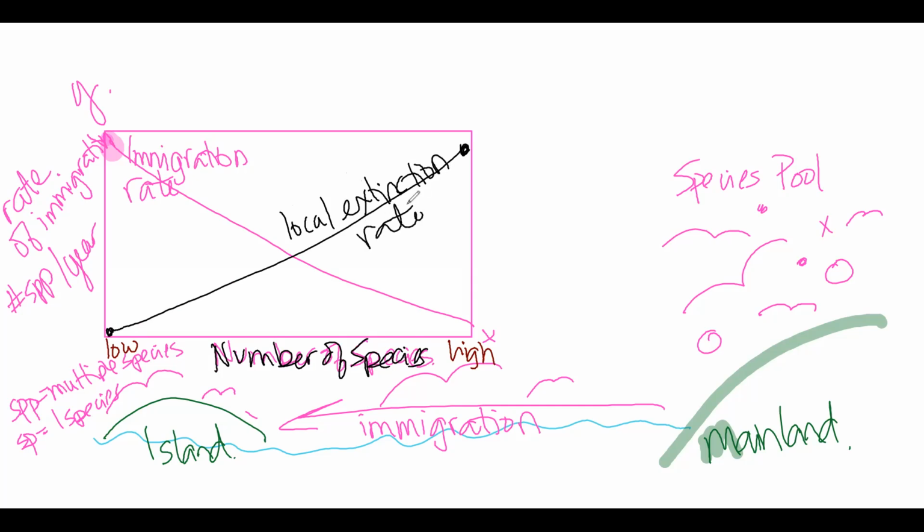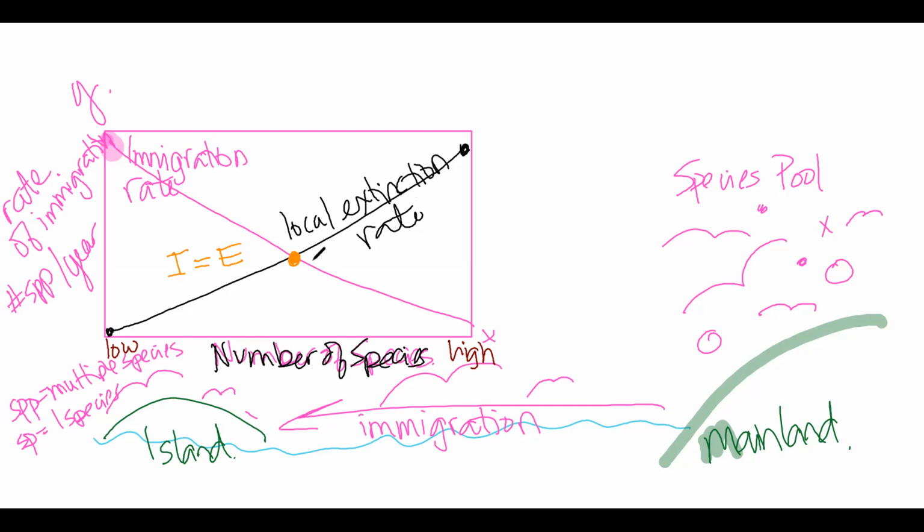Now, these two lines conveniently cross, and where they cross, that is actually a point at which immigration of new species, the immigration rate equals the extinction rate. So for everyone that's going extinct, there's that number coming back onto the island from the mainland. And it might not be the same species that's going extinct, but the number of species stays the same.